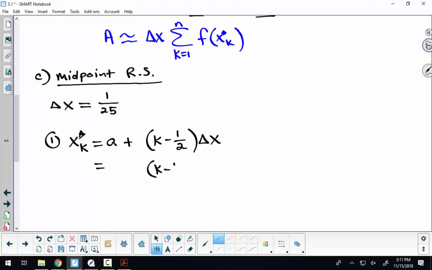So we have k minus a half times 1/25. Or if you want to write that more compactly, it's k over 25 minus 1/50 is our x star.